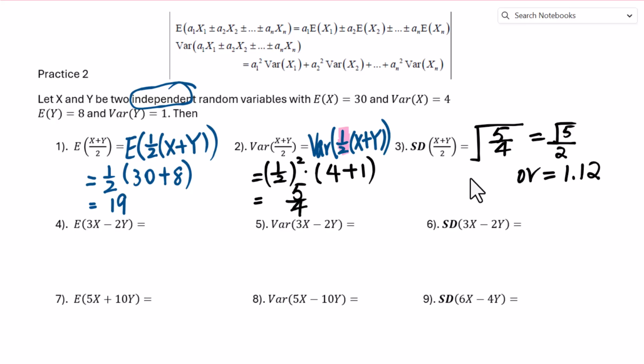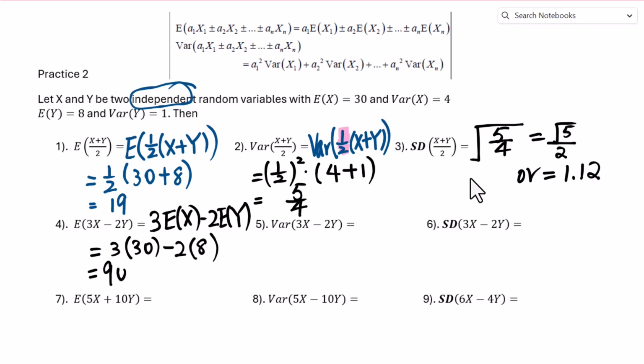Let's go to 4. E of 3X minus 2Y equals 3 E of X minus 2 E of Y, which is 3 times 30 minus 2 times 8 equals 90 minus 16, which is 74.